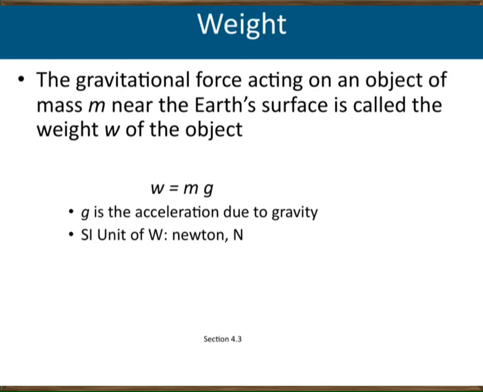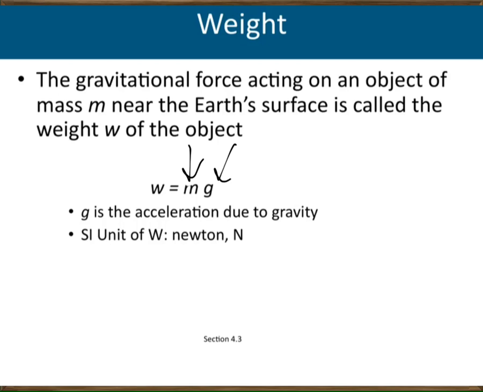And this force is given by the mass of the object times g. Remember this g from the previous chapter? It's the gravitational acceleration of the Earth. And it's the same g.